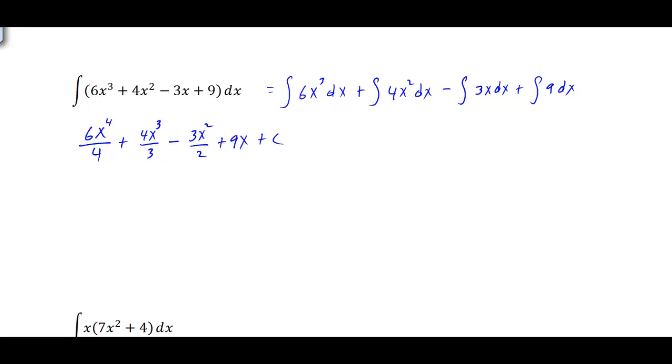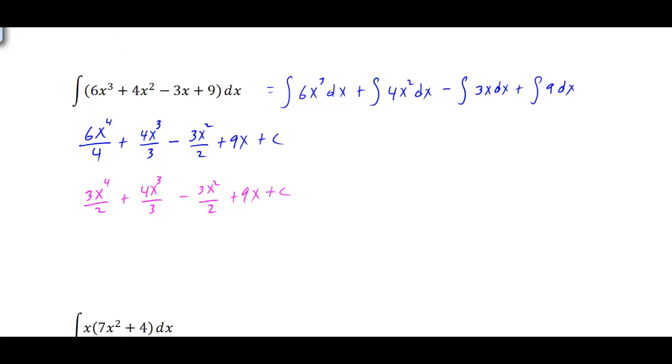So there is your integral. And at this point, all we have to do is simplify. So from here, we could simplify this. 6 over 4, we could write this as 3x to the 4th over 2 plus 4x cubed over 3 minus 3x squared over 2 plus 9x plus c.